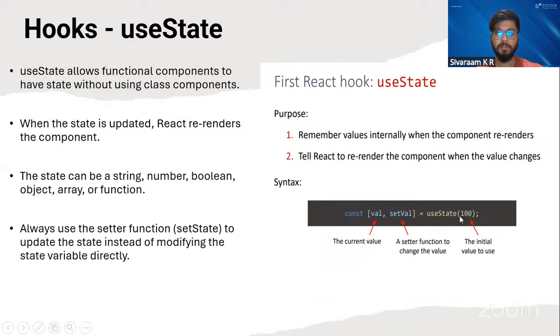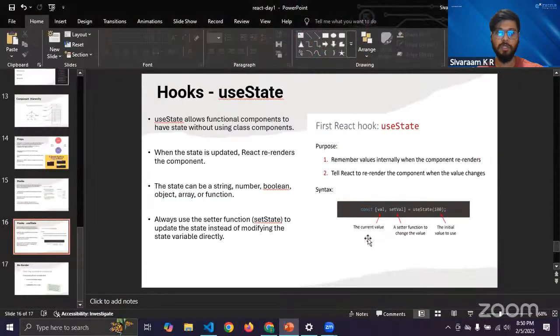So how do you access this default value? You need to use array destructuring. Once you destructure the array, you will get access to the default value and the setter function. Using the setter function only, you need to change the value. You cannot directly modify the value. These are the rules on how to create a useState.